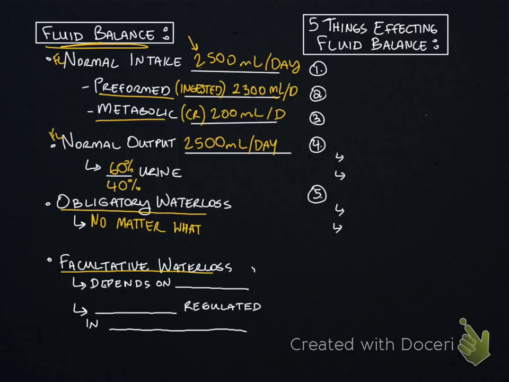Now, facultative water loss, it depends on hydration. And can we think of something we've already talked about that helped to control fluid loss when we talked about our nephrons? When we talked about our nephrons in the collecting duct and distal convoluted tubule, we talked about two things, basically.